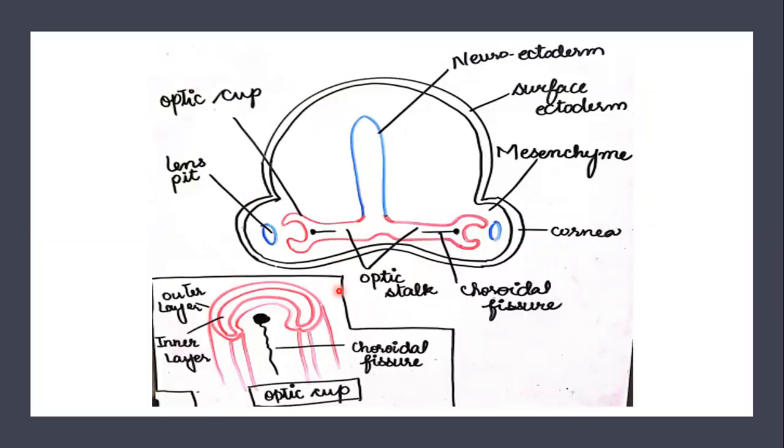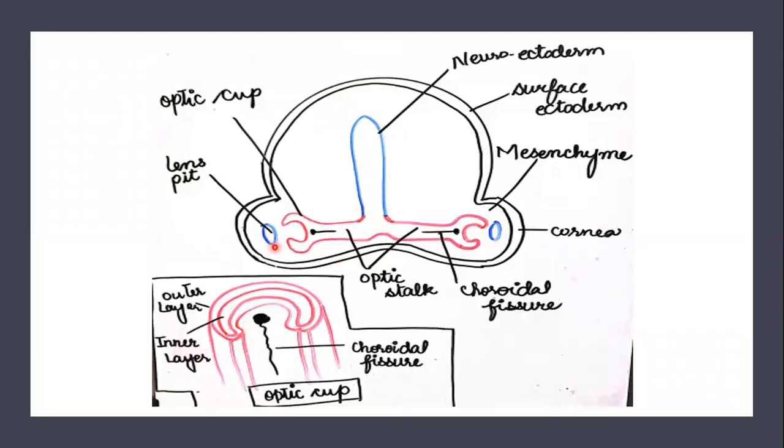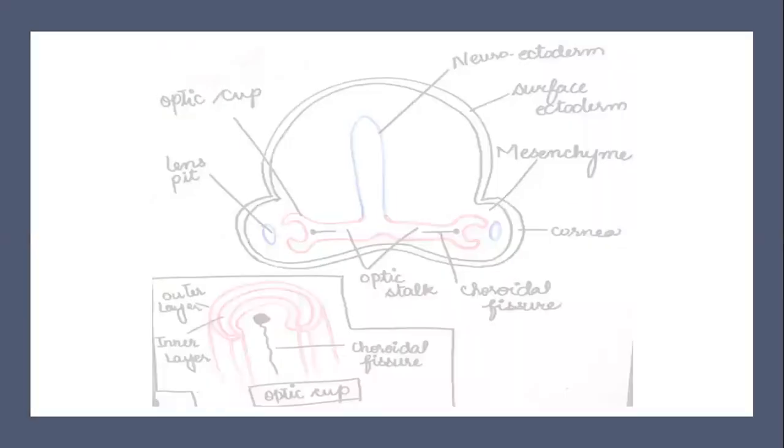Then there will be the development of the neurosensory retina, which is the rest of the 9 layers of the retina, and that will start to develop from this inner layer. So this inner layer will turn into the neurosensory retina, and the outer layer of the optic cup will be the retinal pigmented epithelium, right?